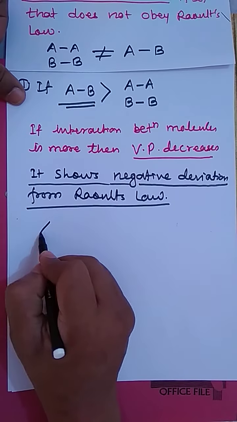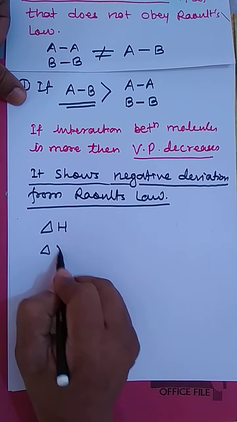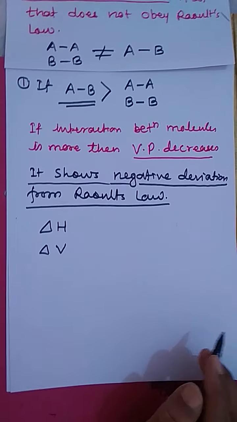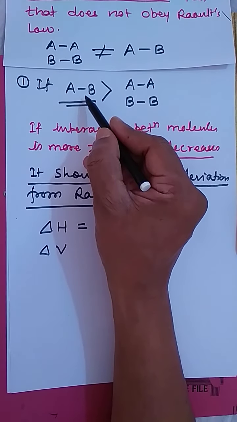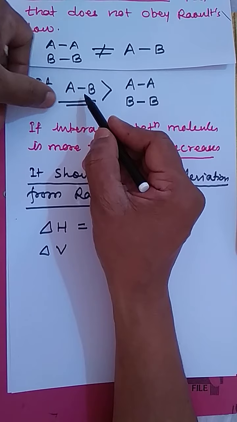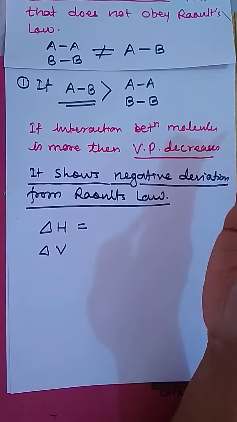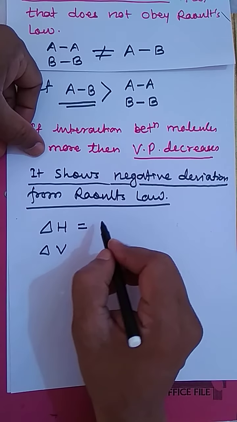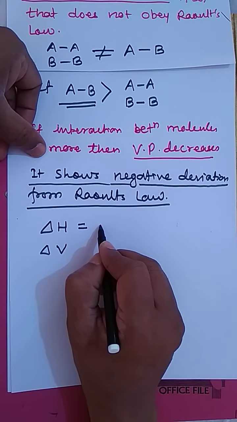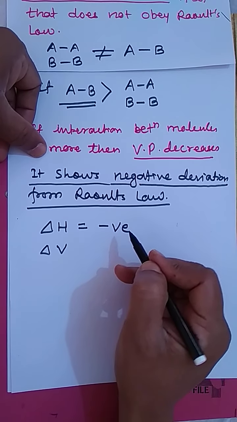And what about delta H and delta V? So delta H, here bond becomes strong, that means it's a case of bond formation. Right? So in bond formation, energy is released and delta H is negative. So you put here negative.